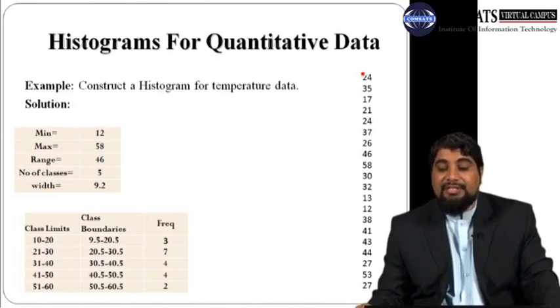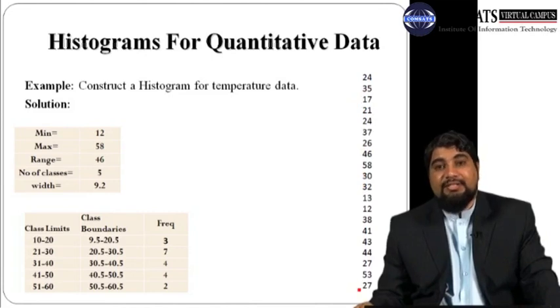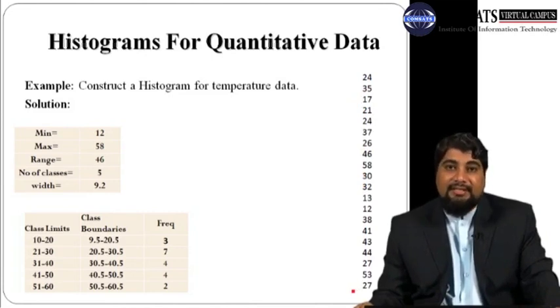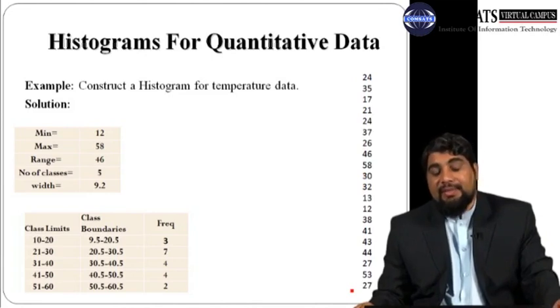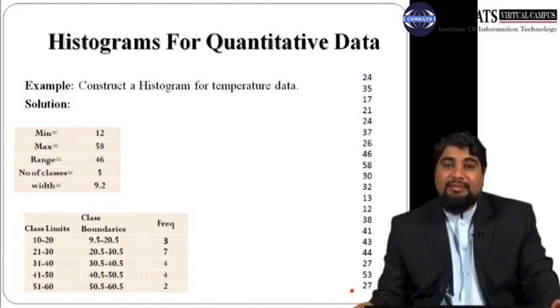It is the temperature in 20 days. On the first day the temperature recorded was 24 degrees centigrade, on the second day it was 35, and on the last day it was 27 degrees centigrade. So we are interested in constructing a histogram for this data.